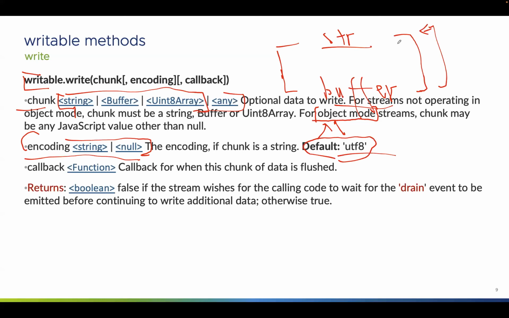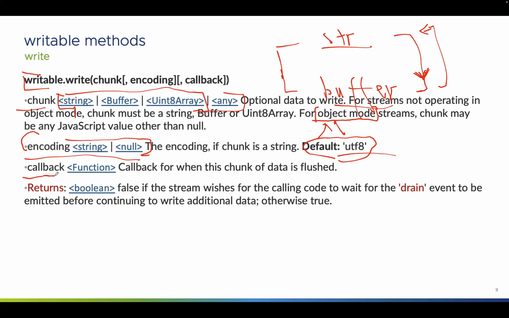So encoding is from high-level string to low-level buffer. Inversely, decoding means you change the low-level object to the high-level object. That's the inverse operation.